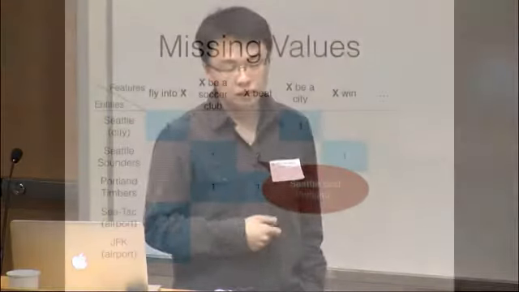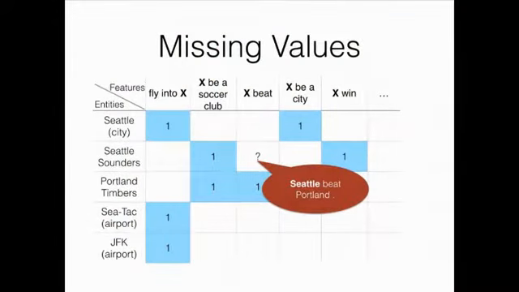You might suspect the matrix is very sparse, and it has lots of missing values. For example, we might not observe the expression that Seattle beat some other team in either the Wikipedia text or the web sentences. So it would be very difficult to compare this representation to the representation for the entity mention.